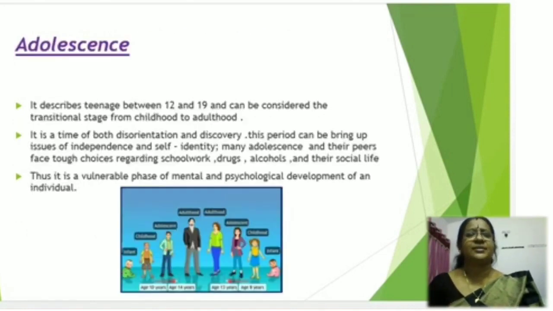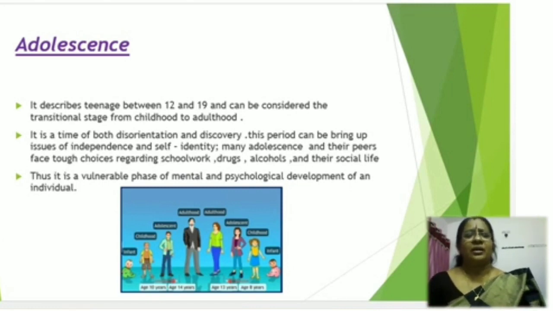The next slide is adolescence. You are in the adolescent age. You know which period is called the adolescent period. That is, 12 to 19 can be considered the adolescent period. It is the stage from childhood to adulthood.